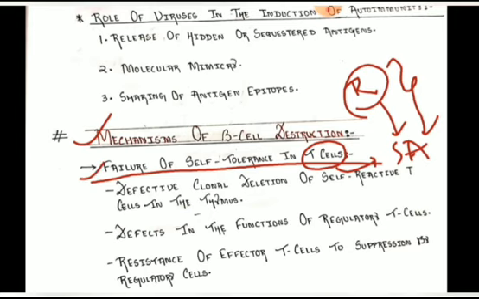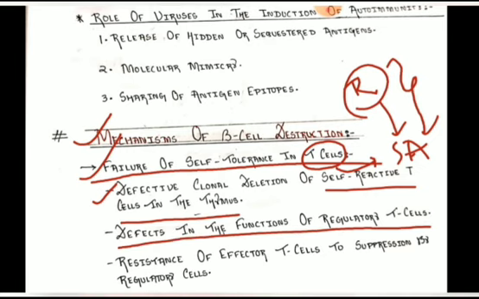Now why is this failure of self-tolerance occurring? It may occur due to defective clonal selection of self-reactive T cells in the thymus. We had earlier read about negative selection. Then, due to defects in the function of regulatory T cells, the affected T cells are resistant against suppression by the regulatory cells.